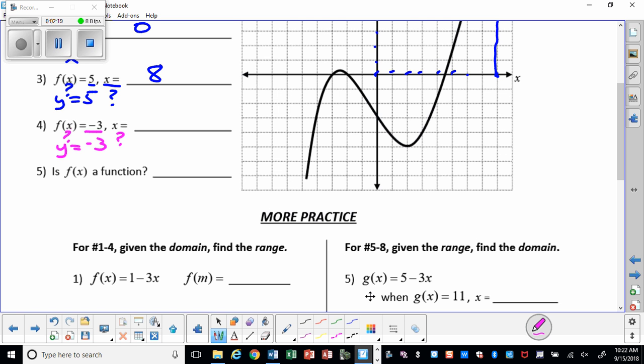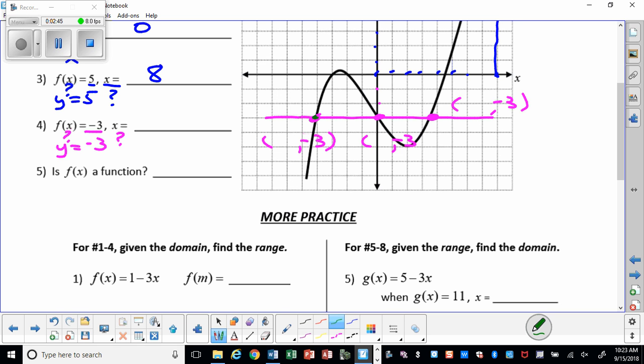So y is negative 3, so I go to my graph, 1, 2, 3, so this is negative 3. All right, so actually all these points here have y coordinate of negative 3. The question is, what is the x? What are the x values?